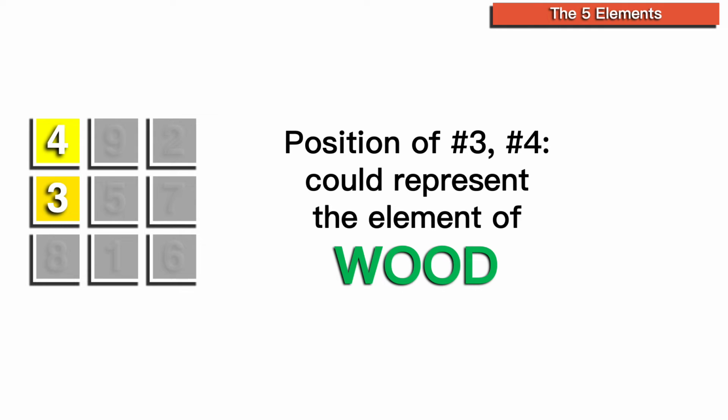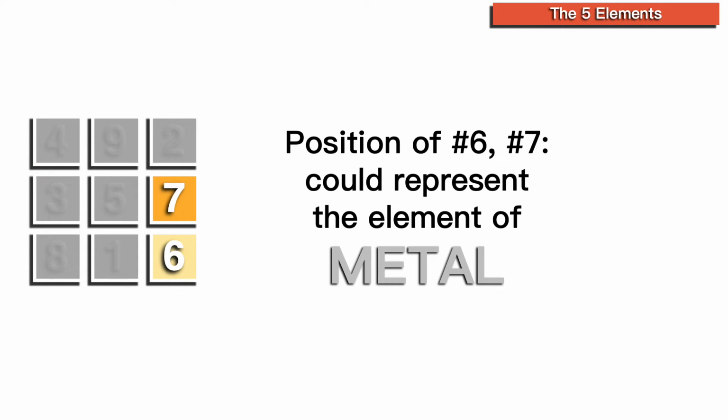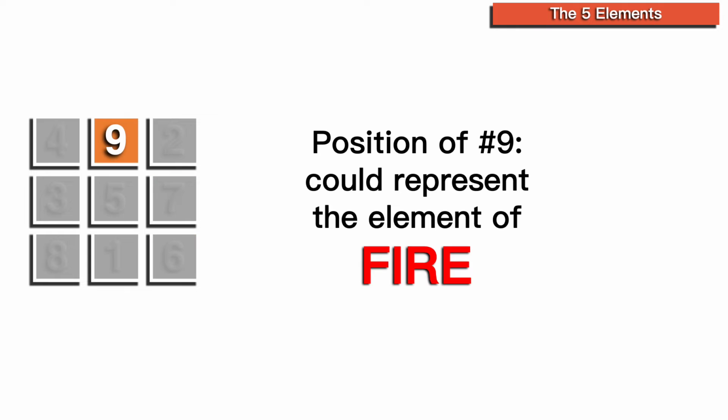The element of wood is represented by the position of number 3 and position of number 4. As for the metal, it is represented by the position of number 6 and position of number 7. Lastly, the position of number 9 is the representation of the element of fire.